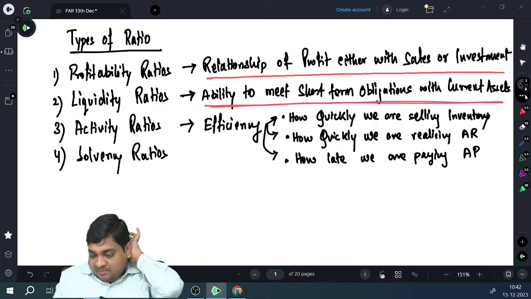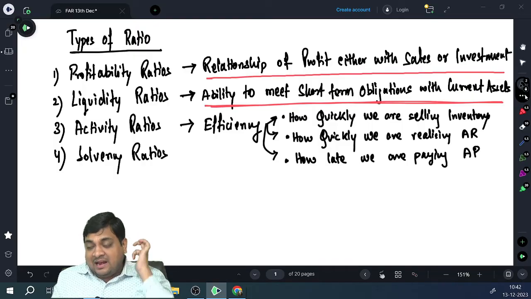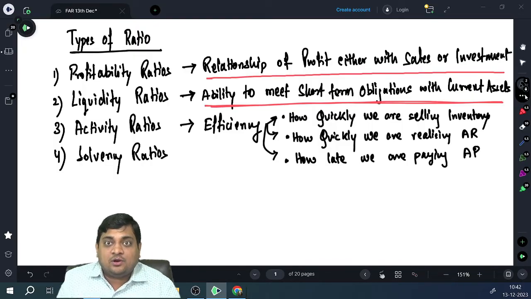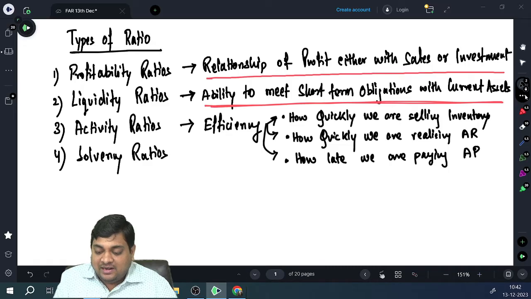So generally people would like to defer accounts payable and get early cash from accounts receivable, right?